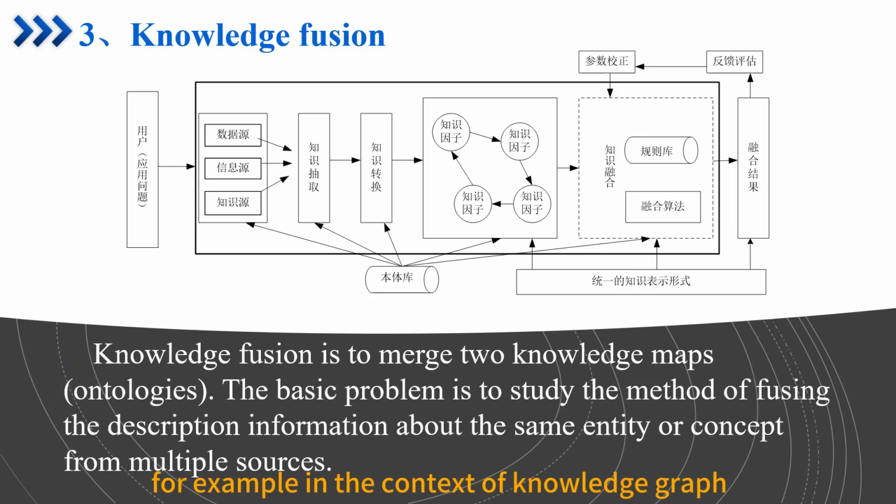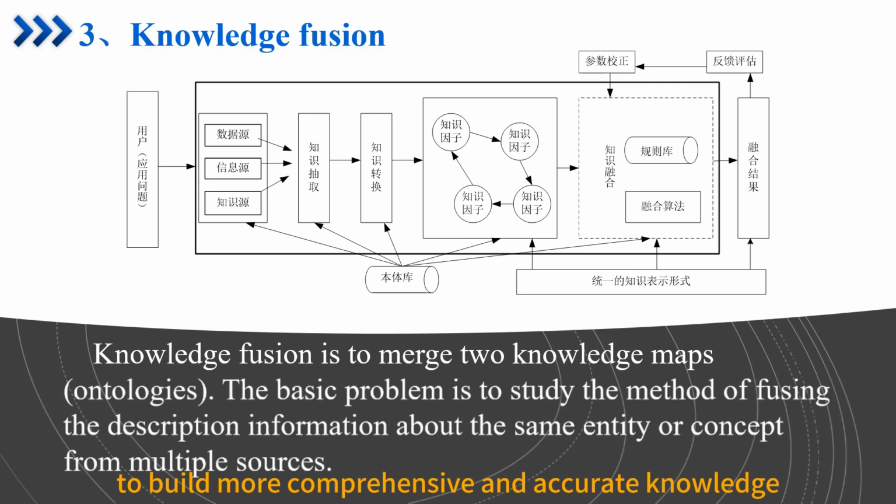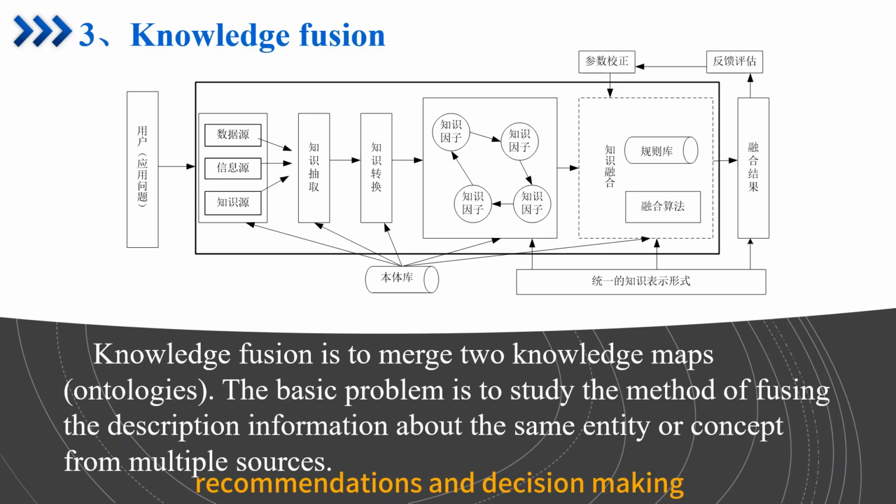For example, in the context of a knowledge graph, knowledge fusion might involve integrating information from different domains, such as scientific literature, social media, and public databases, to build a more comprehensive and accurate knowledge graph that can support advanced search, recommendations, and decision-making.